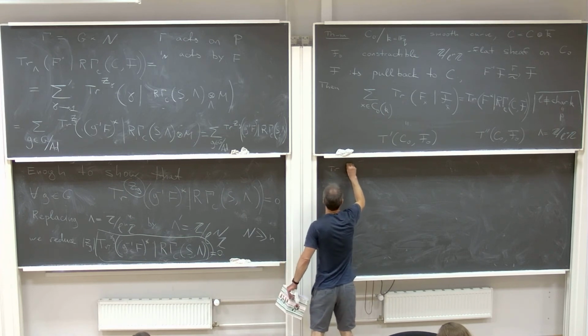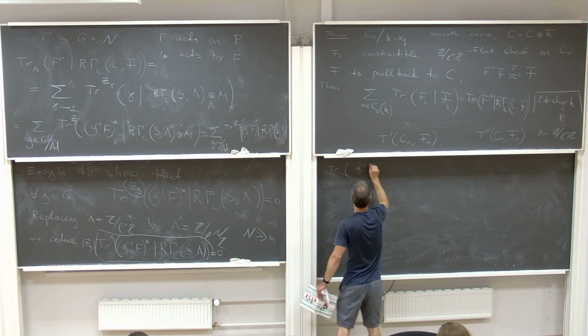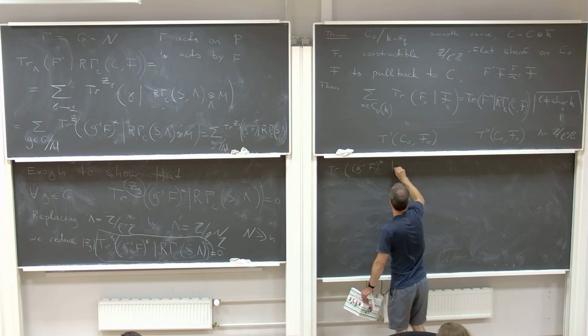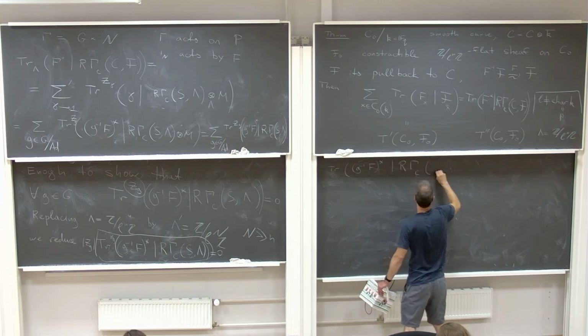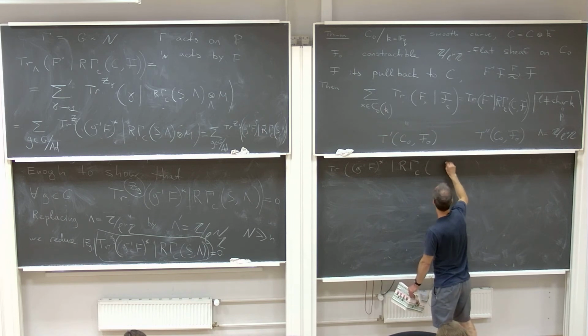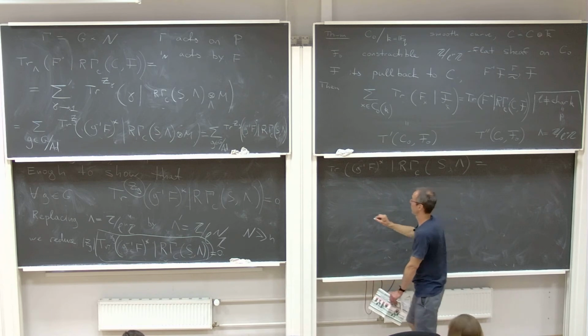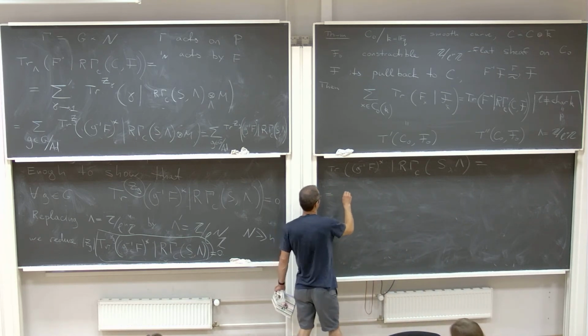trace of G inverse F star acting on R gamma with compact support of as sum of two traces. That's, well, of difference, better say, of two traces.